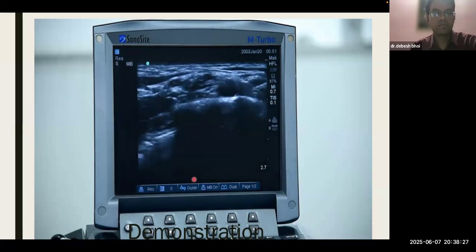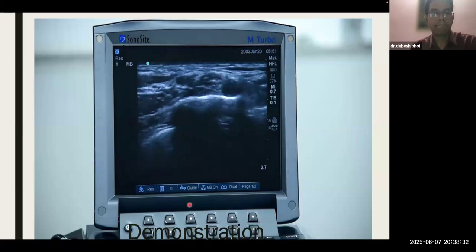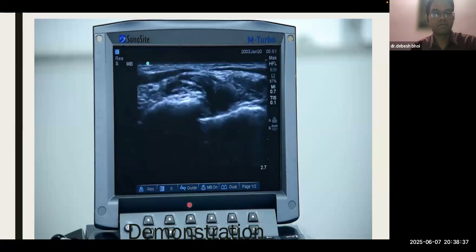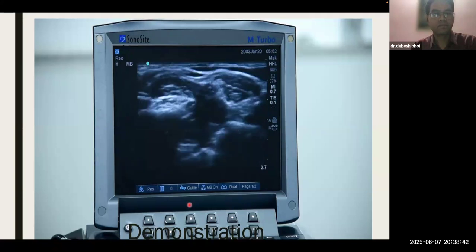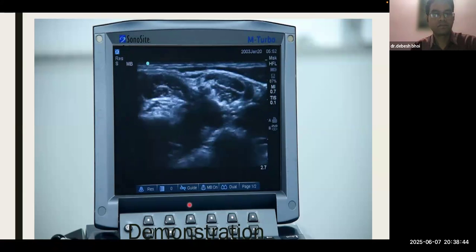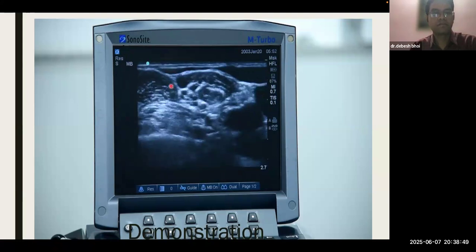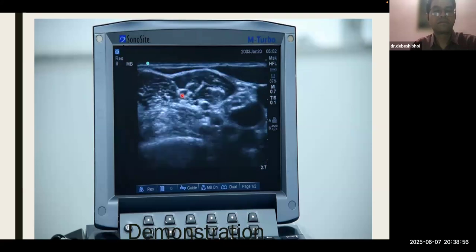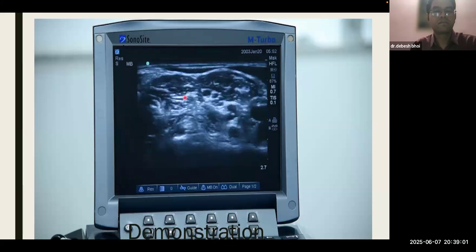Okay. So now I'm just moving my probe cranially. Just moving cranially, the same orientation will be changed. You'll see here, I've just made it flatter. So the same plexus lies between the interscalene and the middle scalene muscles.